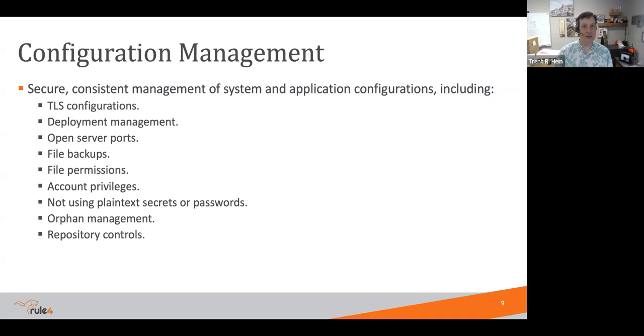I always like to use the concept of infrastructure as code for production systems, meaning that just like when we develop software, we put it in a software repository and we can see every change that's made. When we're making changes to infrastructure, whether it's Kubernetes containers or bare metal servers, that we have that configuration information captured in a repository.